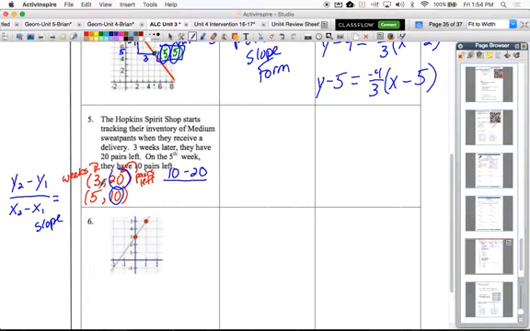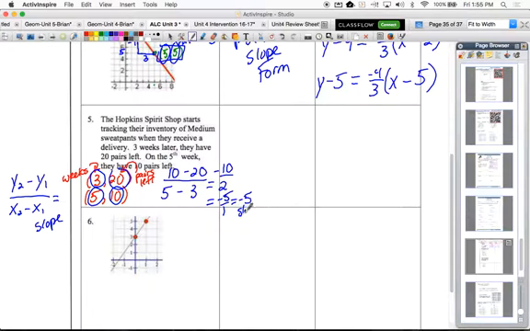And then for the run, the x values, it will be the second x value minus the first x value. So our slope ends up being 10 minus 20, which is negative 10, over 5 minus 3, which is positive 2. If we simplify that, that would simplify to negative 5 over 1, or just negative 5.